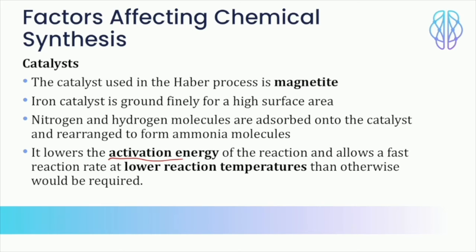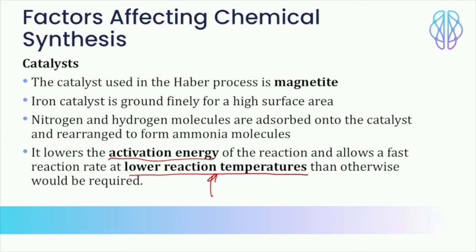So overall, it lowers the activation energy and increases the reaction rate, and allows us to get that increase in reaction rate by using a lower reaction temperature. As you may recall, if we increase the temperature for the Haber process, we increase the reaction rate, but we decrease the yield.